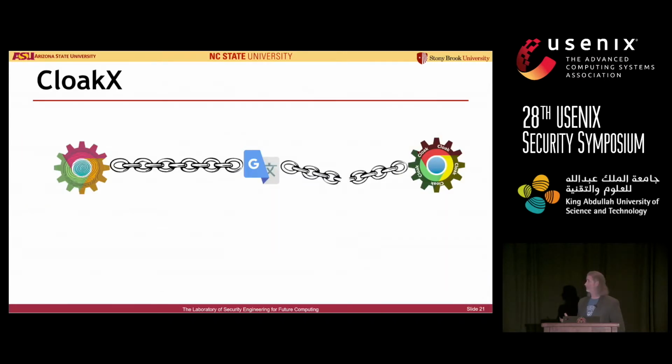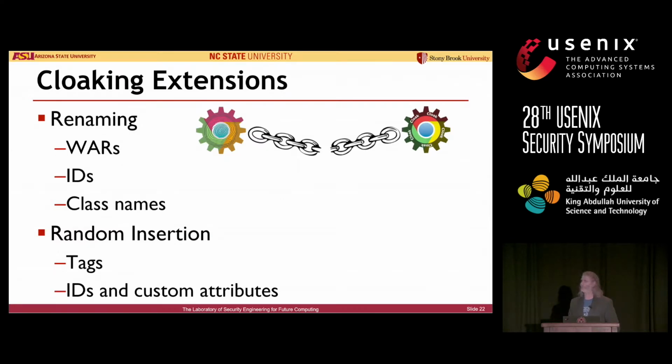So our goal with CloakX was, despite there being this fingerprint for, say, Google Translate, to break the link between the two so that the cloaked extension couldn't be detected by an underlying web page. The way that we did this is we went through and we renamed and discovered the WARs, the IDs and class names, with the idea of renaming these anchors so that we could anonymize the extension.